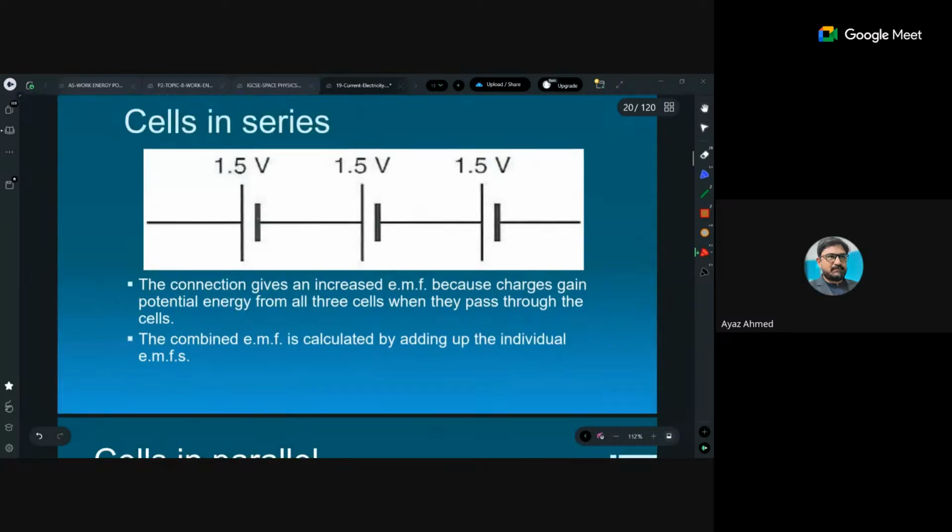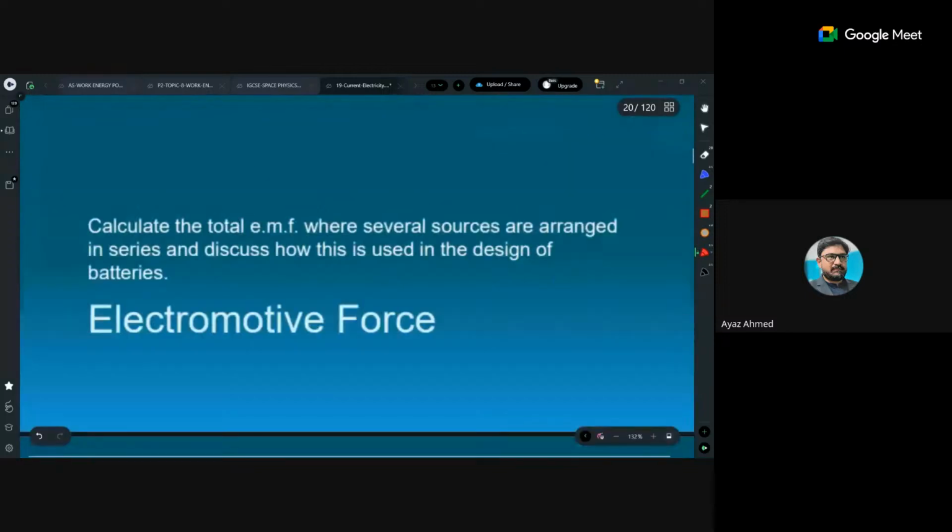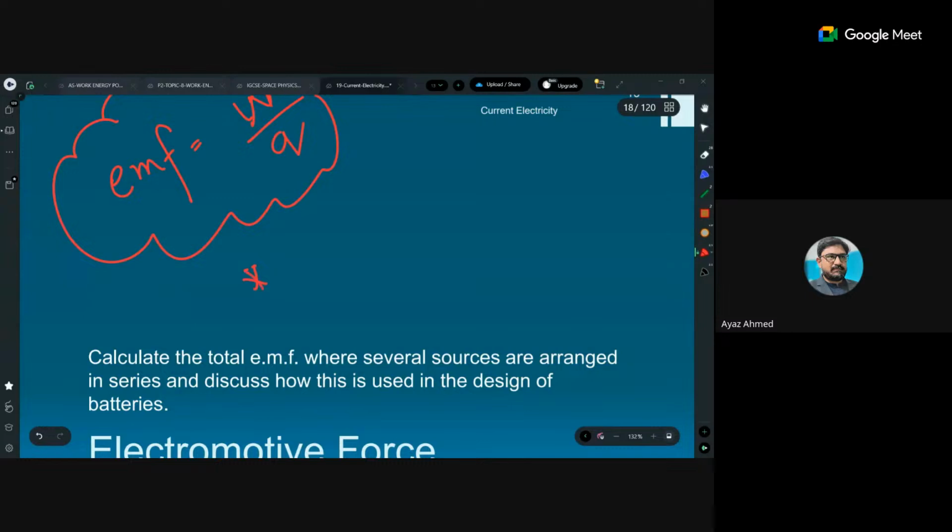Actually, the electromotive force of the battery is the energy provided by the battery to push a unit positive charge, or drive a unit positive charge, into the entire circuit. The problem with EMF is that it is not a force.